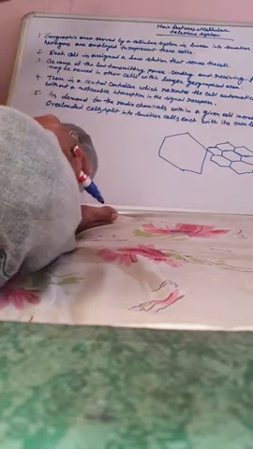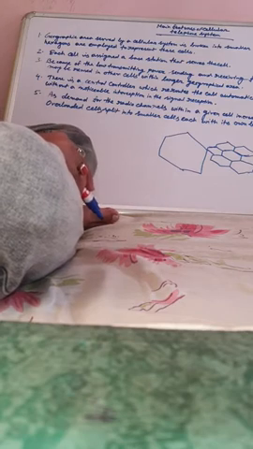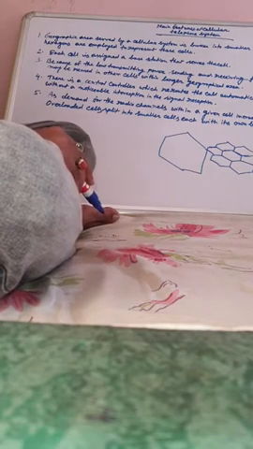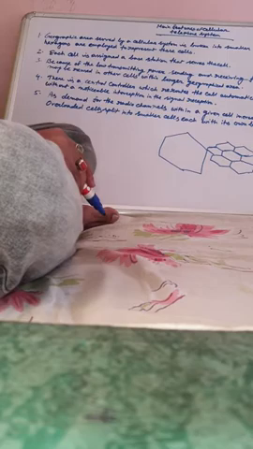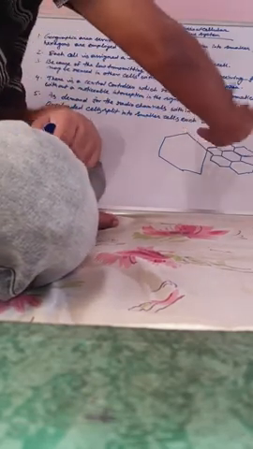Suppose a large geographical area is there. Each large geographical area will be subdivided into small hexagonal patterns like this. This is one pattern, and so on.